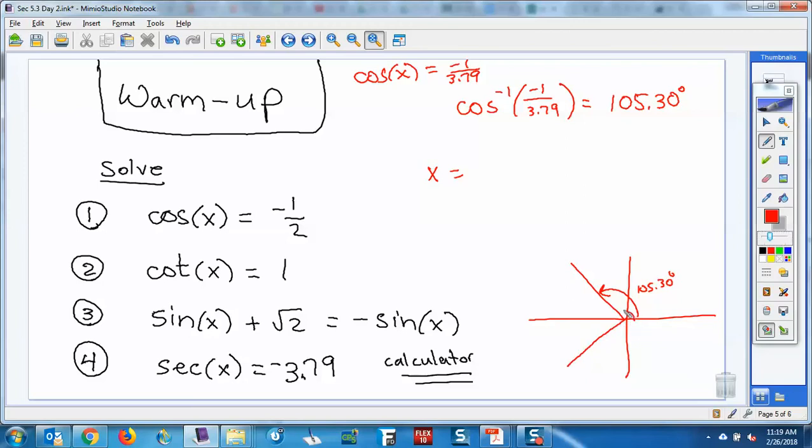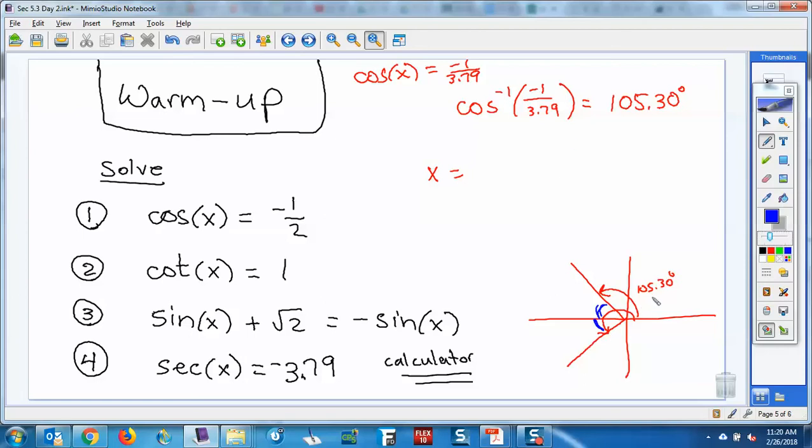But what will this one be? We need to know that reference angle. How do we get it? We need to figure out this angle here, because this angle here is going to be the same as that there.